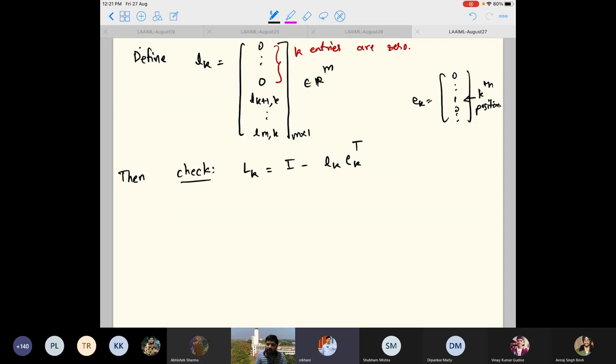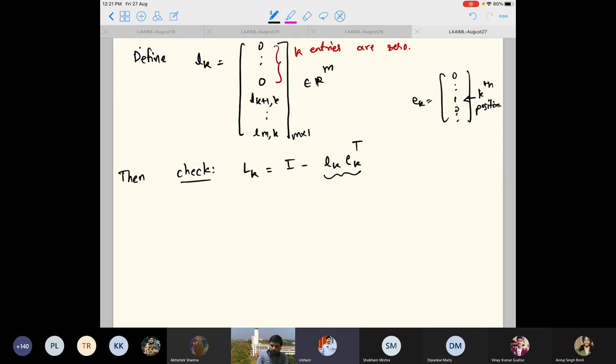So what will be LK EK transpose? You tell me what is going to happen. When you multiply, tell me the first row of LK EK transpose.